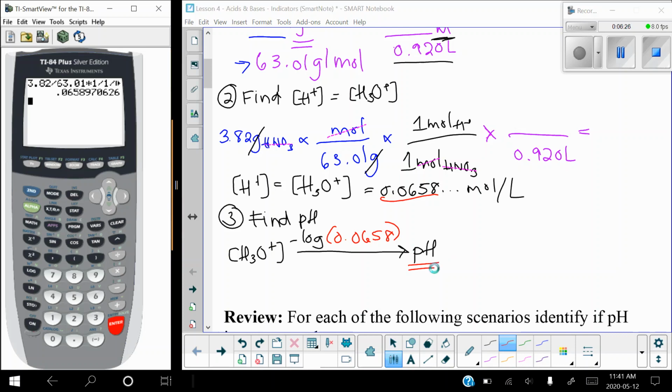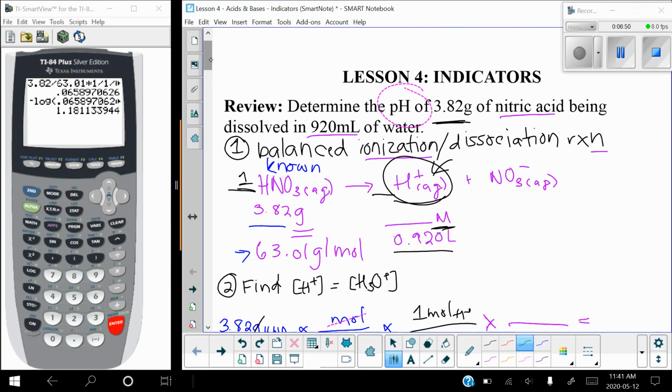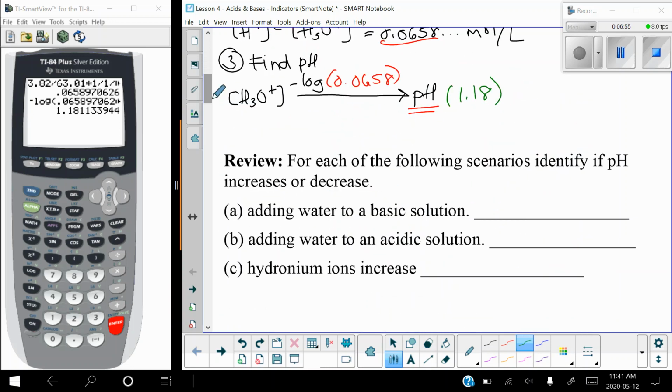So in my calculator, I'm going to go negative log of this answer, close the bracket, enter. And I get a pH of 1.18. Okay, going back up our significant digits, the lowest number that I see here, I have 3 significant digits and 3 significant digits there. So I actually need to include one more digit. My final answer is pH is equal to 1.181.